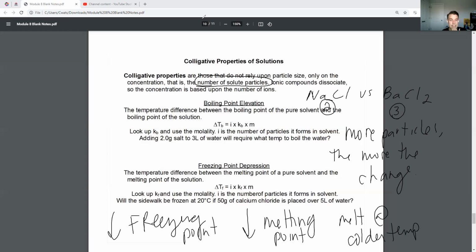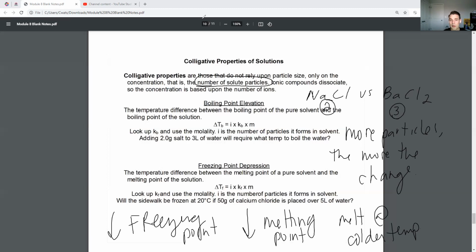And this is what we see in the winter when they put that brine on there. It's a mixture of many different ionic compounds, which gives us many different particles, which actually will lower our melting point even greater. So the more particles you see, the more that change will be.